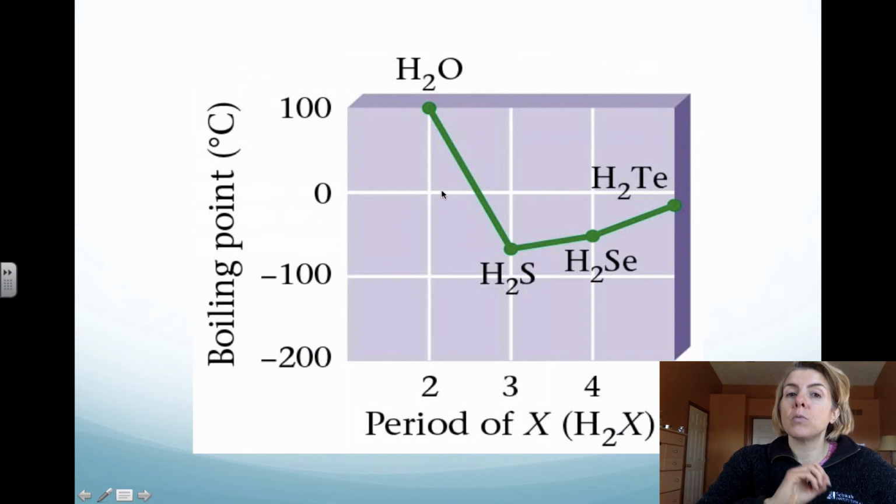Because water has this special level of attraction, it has a high boiling point, and it sustains life because of that. Notice that it drops significantly when we look at hydrogen sulfide, hydrogen selenide, and hydrogen telluride. There's not as great an attraction of these three with themselves, whereas water has a very strong attraction with itself.